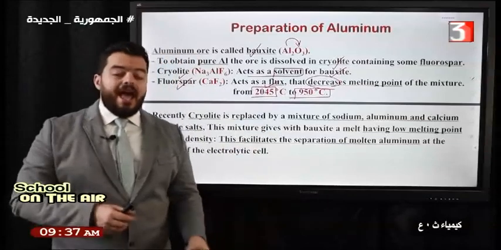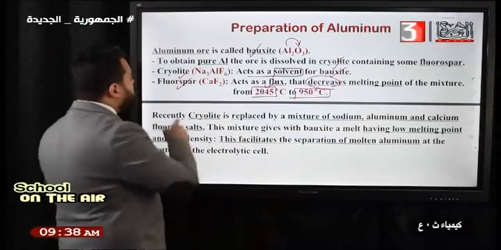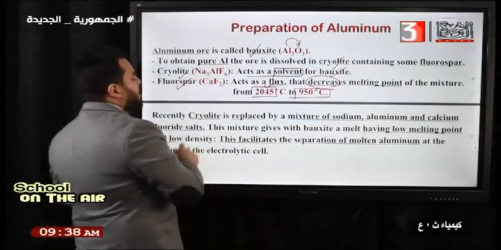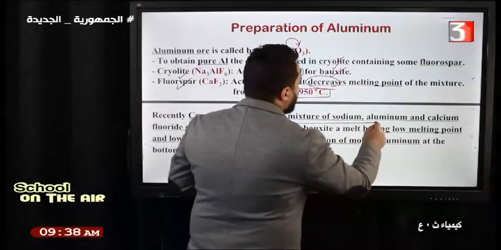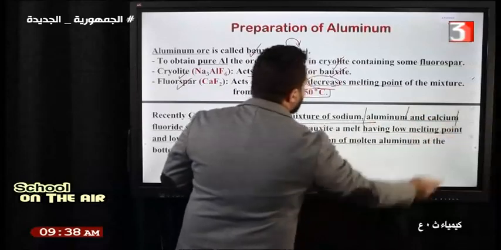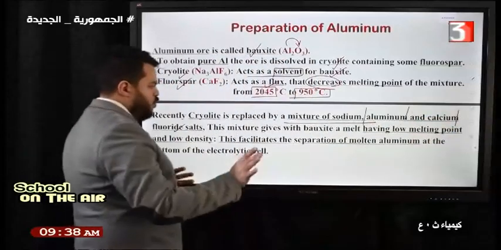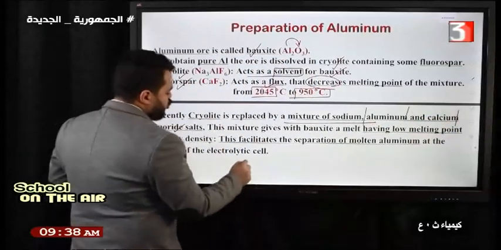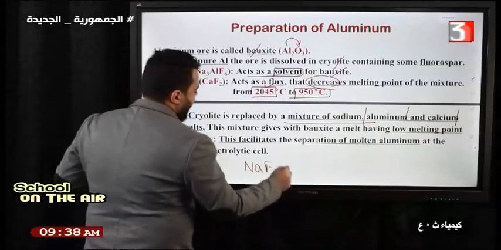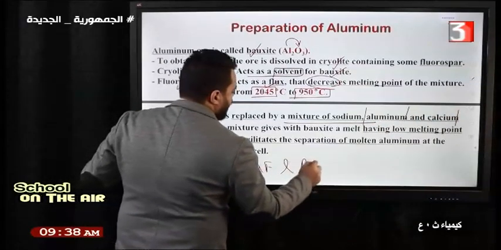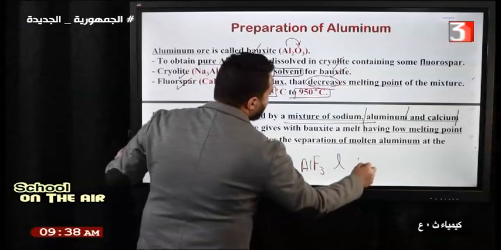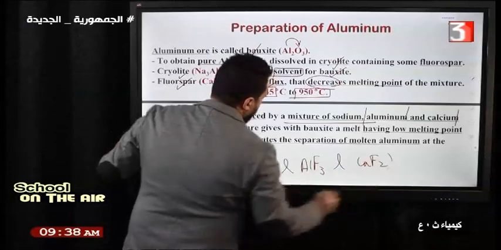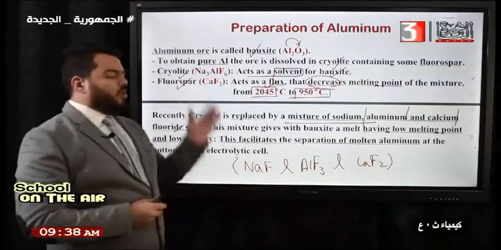And you use the fluorspar, which acts as a flux, to decrease the melting point from 2045 to 950 Celsius. And recently, you replace the cryolite with a mixture of sodium, aluminium and calcium fluoride salts. So you use sodium fluoride, aluminium fluoride and calcium fluoride instead of the cryolite.